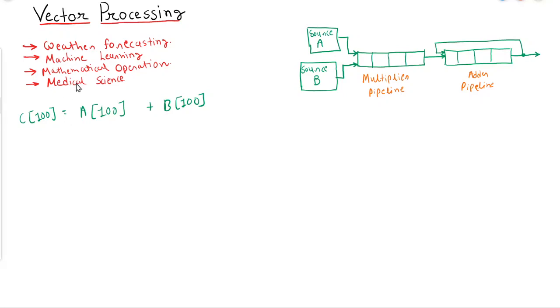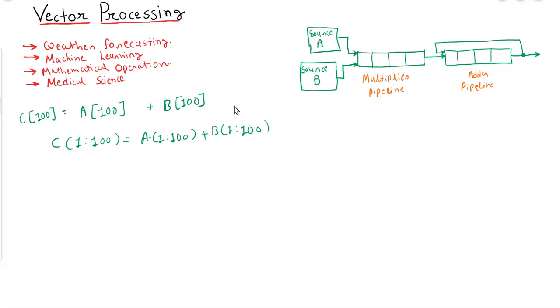So this operation can be specified in a single vector instruction form, like C[1:100] = A[1:100] + B[1:100]. In this form it can be represented.